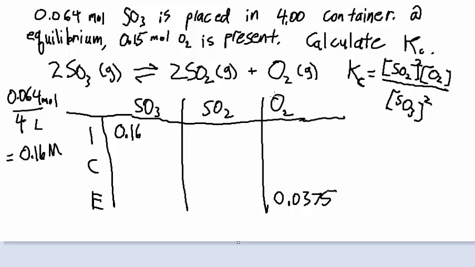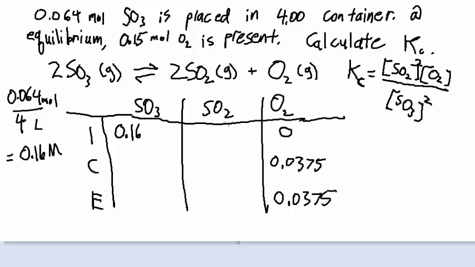So now we just have to figure out the rest of the table. And to do that, it helps to assume that we did not start with any oxygen in our container. It says the only thing we put in there is SO3. So we're going to assume we started with no oxygen, and therefore whatever we ended up with is the change in oxygen.